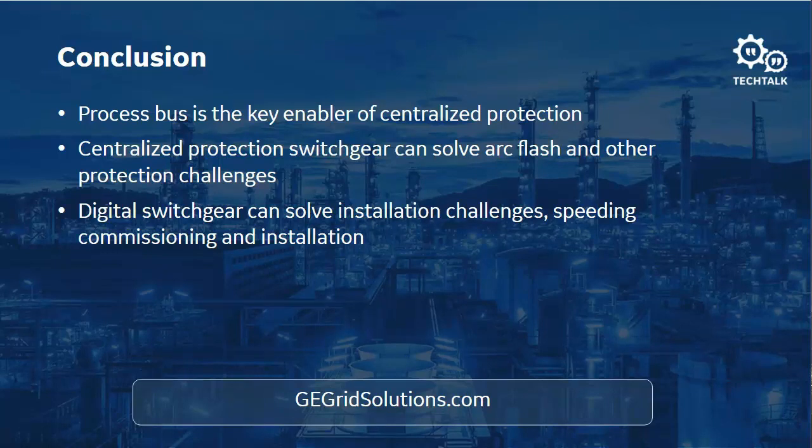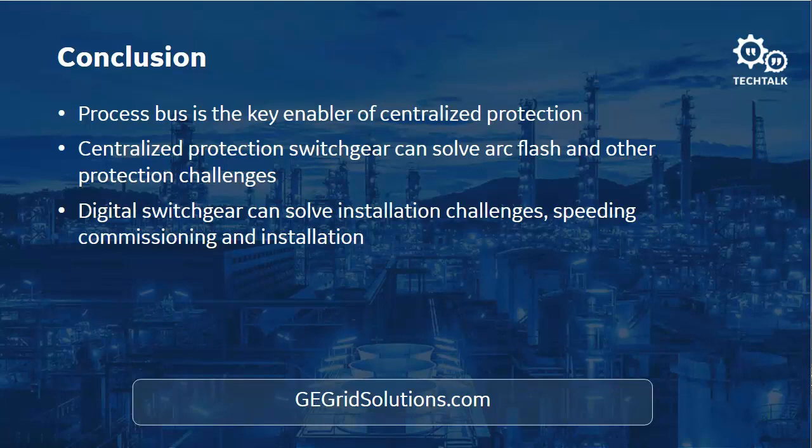The difference between the brick solution and the 9-2 LE solution, for example, is that multiple vendors have implemented the 9-2 LE solution. So that makes it much more universally accepted. In other words, you would not have to be stuck with one vendor if you're using a 9-2 LE implementation versus an implementation that just one vendor has chosen.